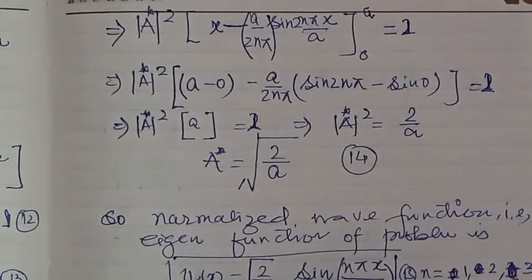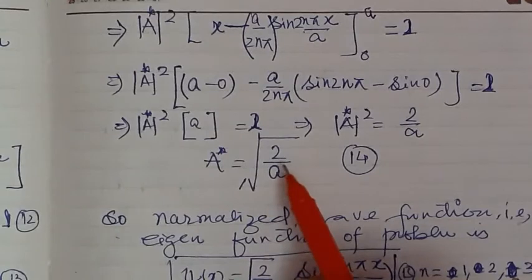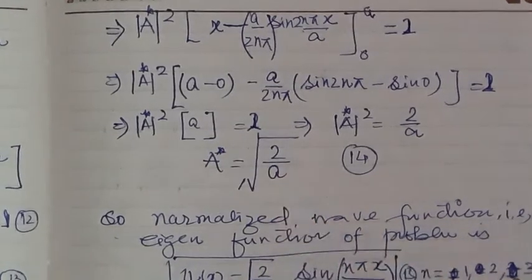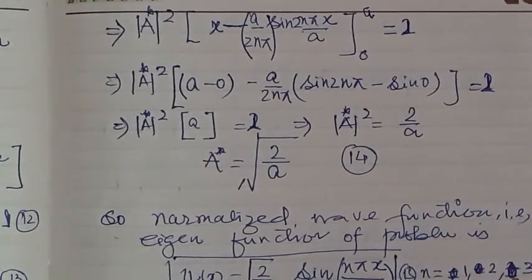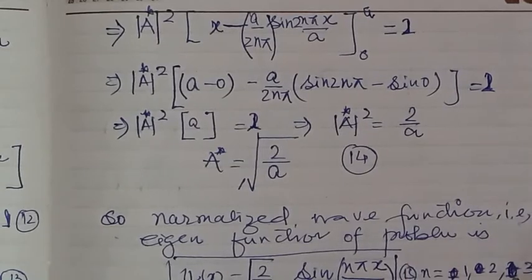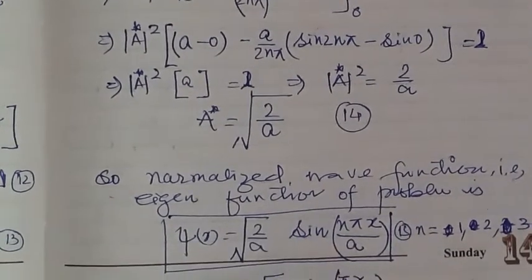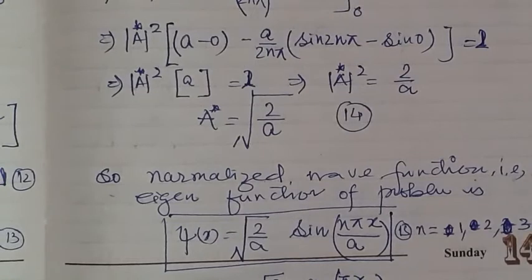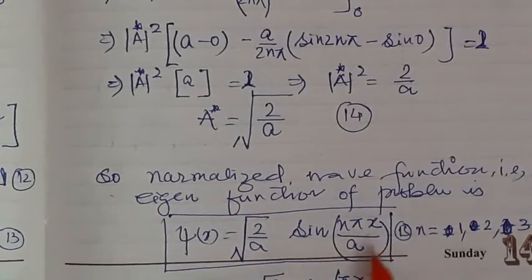Substituting the value of under root 2 by a in equation 9, we get a normalized wave function, also known as the eigenfunction of the problem, given as psi of x equals under root of 2 by a sine of n pi x by a, where n can run from 1, 2, 3 and so on.